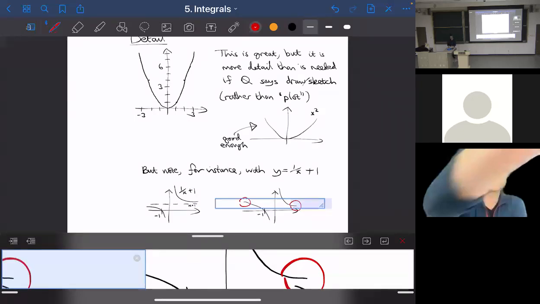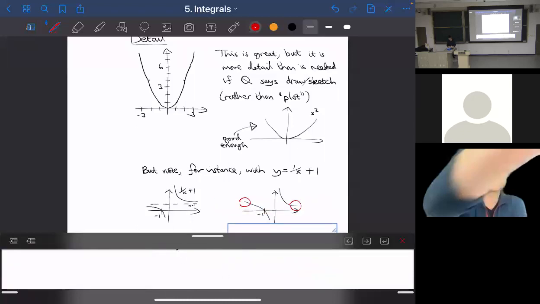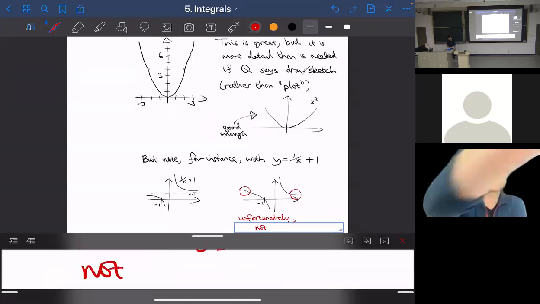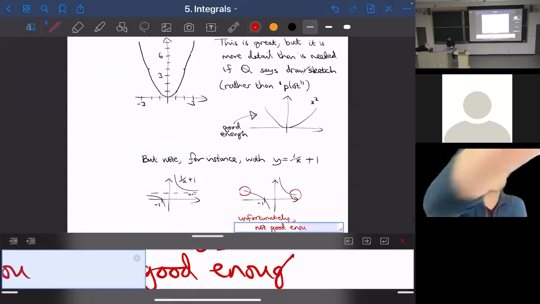Because this tail on the left is higher than the tail on the right. So, yeah. So unfortunately, this one is not good enough.